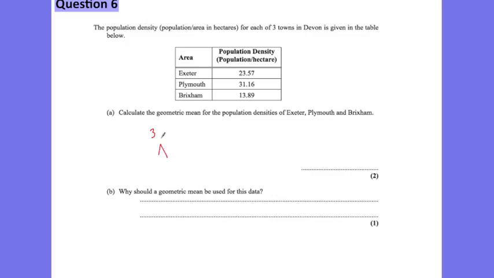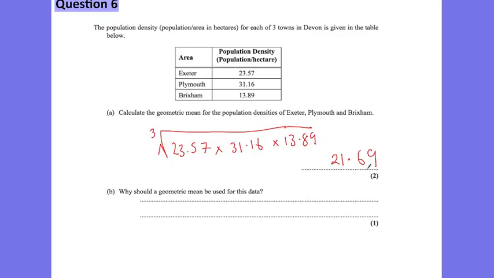We're going to find the third root of our values multiplied together. Again, using our calculator, we have a geometric mean of 21.69.